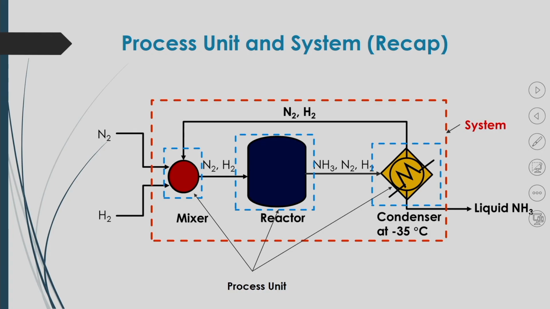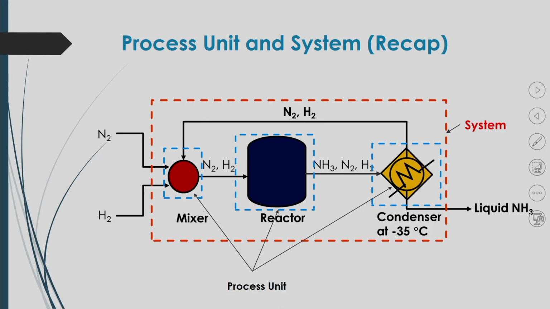To assess this process based on the material balance equation, you first have to think about each unit of the whole process. Here you have the units mixer, reactor and condenser.